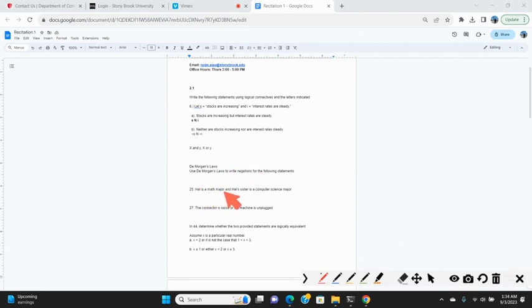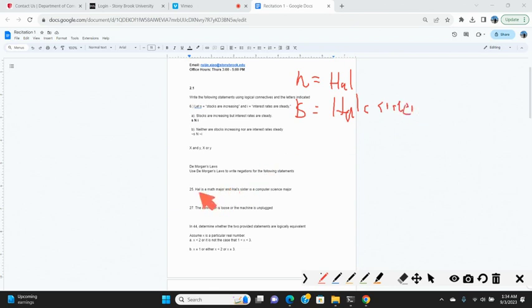So Hal's a math major and Hal's sister is a computer science major. And we are to use De Morgan's laws to write negations for the following statements. So let Hal be H. I'm lazy, so I'm just simplifying. And Hal's sister, let's make it S. It is a computer science major, is Hal's sister.